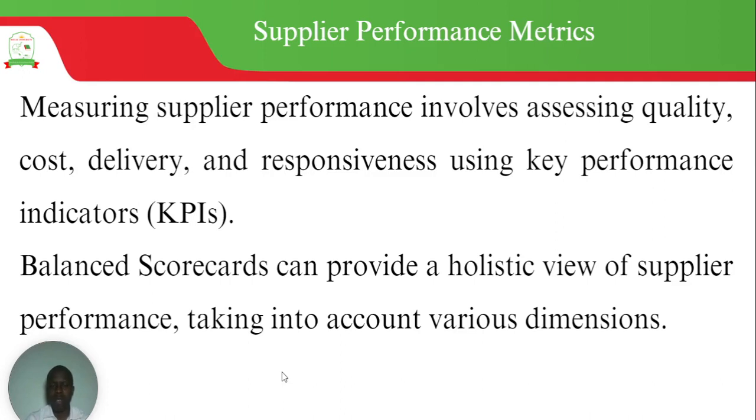Remember, the reason why we are having these metrics within supply, we want to ensure that even if we are building a relationship with these people, they do not take advantage of the relationship and begin to supply substandard goods. So over and over again, we need to evaluate them. The organization reserves the right to choose other suppliers if the ones they were depending on have not met the set standards.